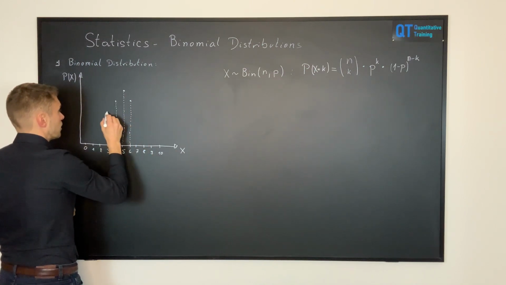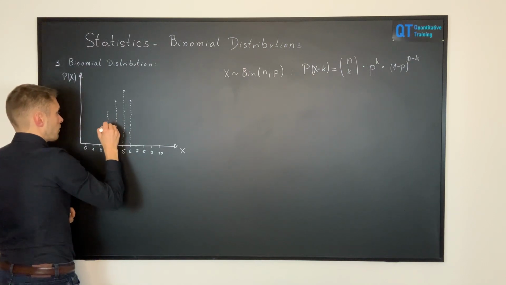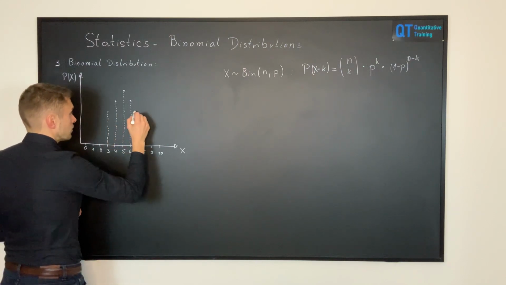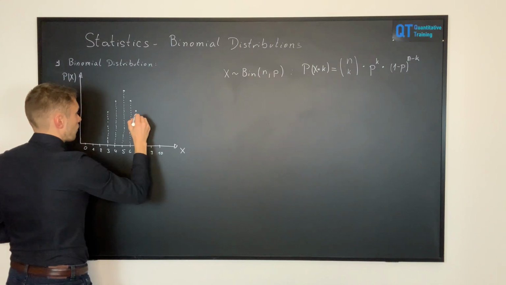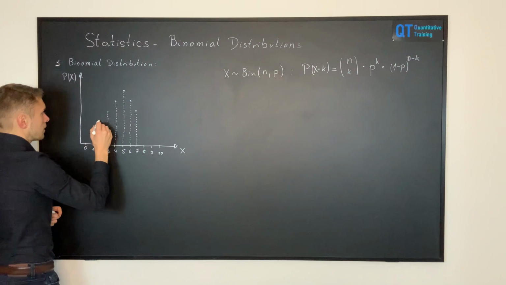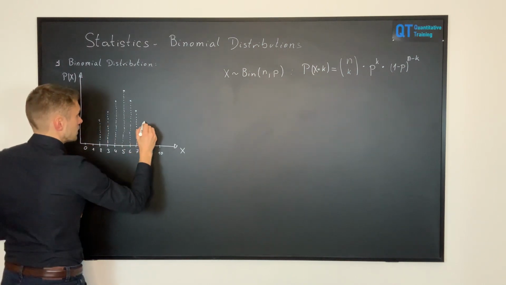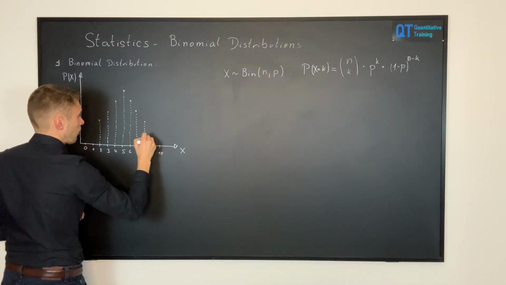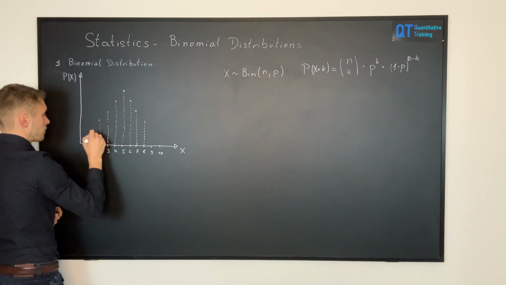And then again for x equals 3 and x equals 7. It's again symmetric. Then x equals 2 and x equals 8. Again symmetric.